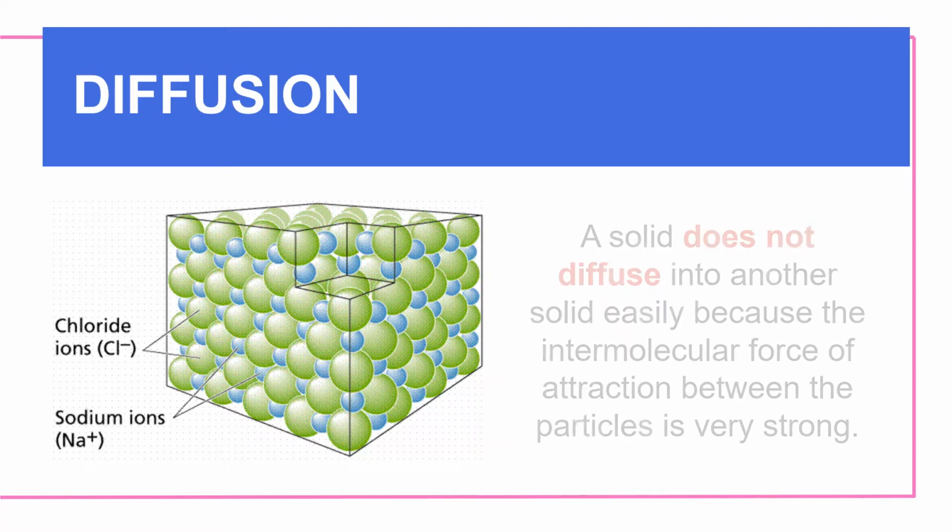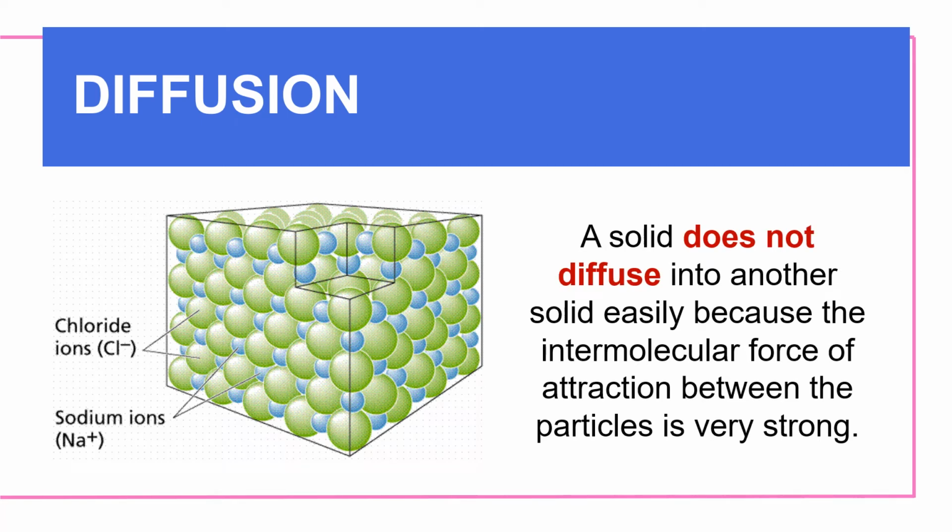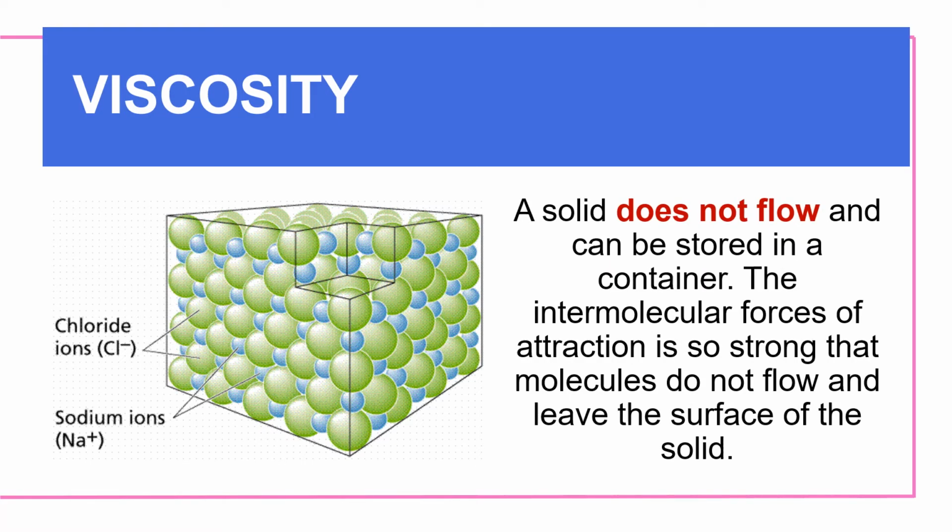A solid also does not diffuse into another solid easily because the intermolecular forces of attraction between the particles is very strong. A solid does not flow and can be stored in a container. The intermolecular forces of attraction is so strong that the molecules do not flow and leave the surface of a solid.